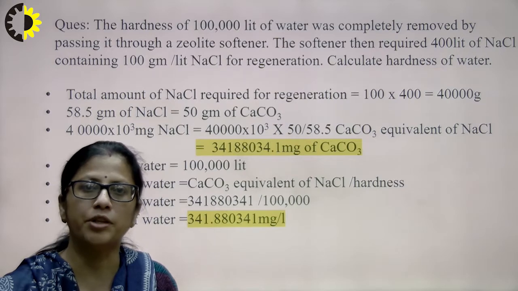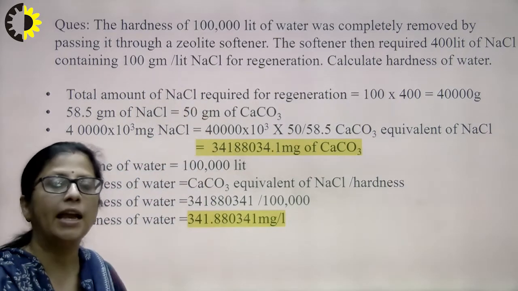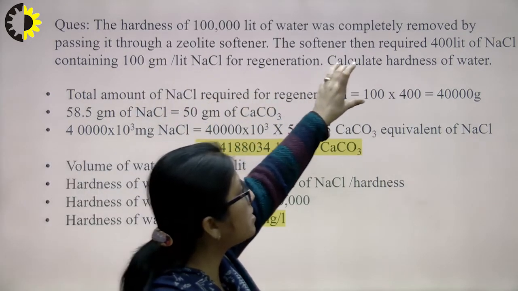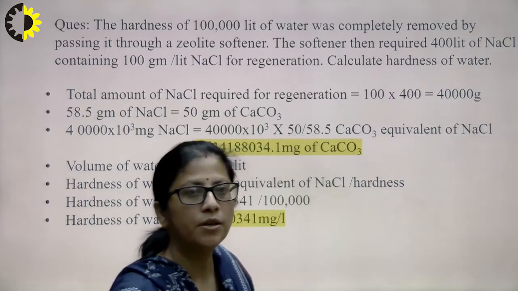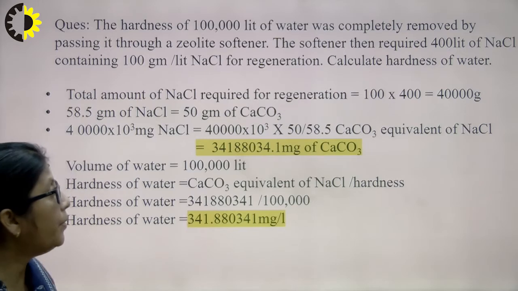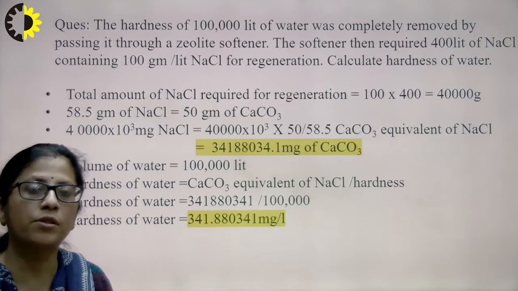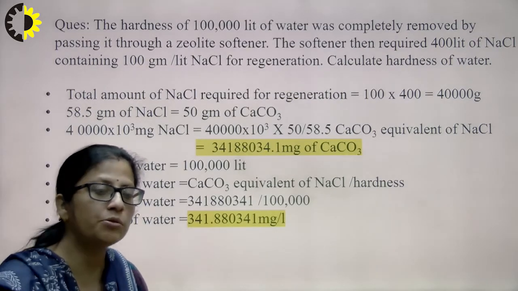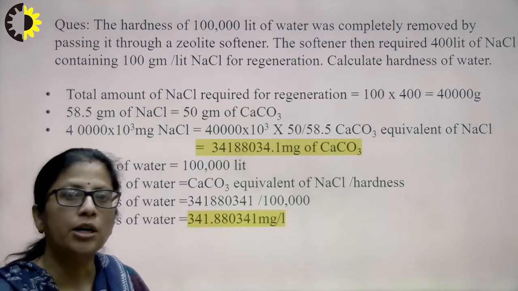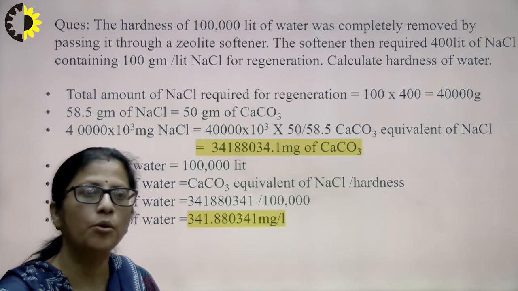So, per liter I had dissolved 100 grams of NaCl, and I had passed around 400 liters, so that my zeolite softener can be regenerated. Now, I have to calculate the hardness of water. How hard was my water? That means I had to calculate the calcium carbonate equivalence, in terms of calcium carbonate equivalence, how much hardness was present in water.